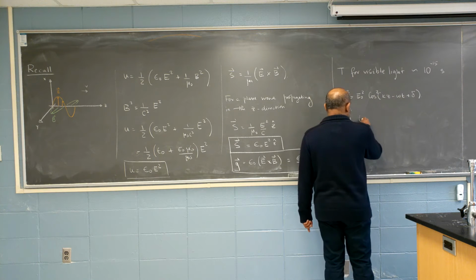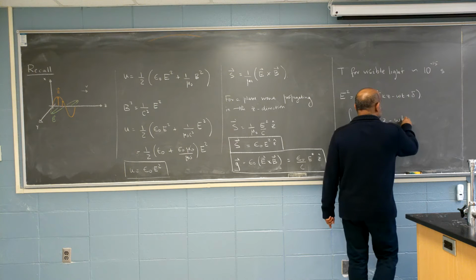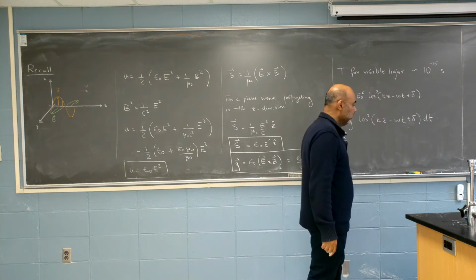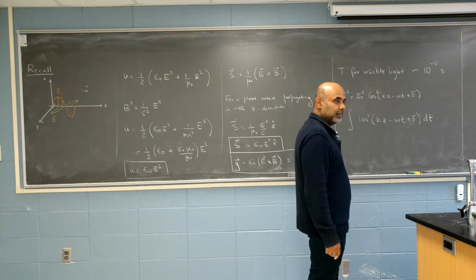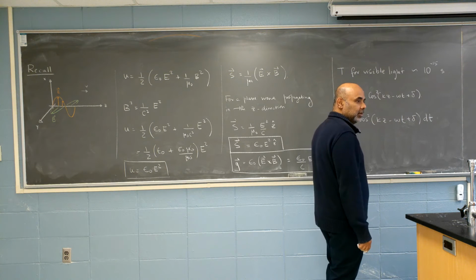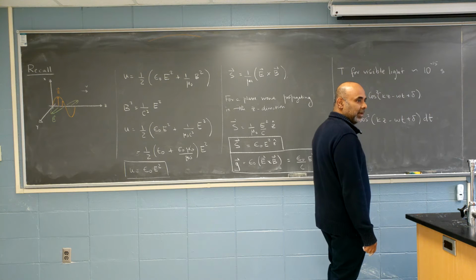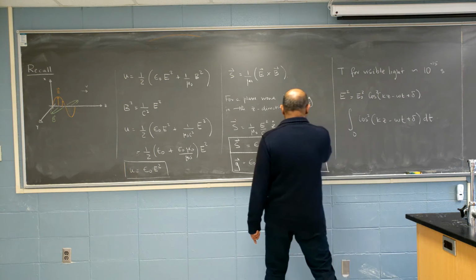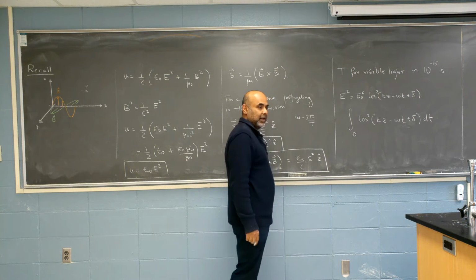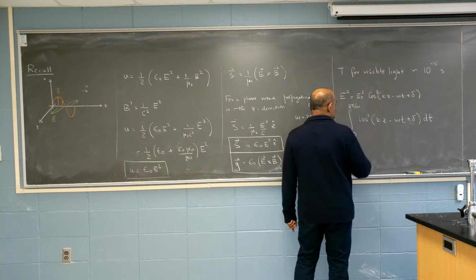I want to take cosine squared of kz minus omega t plus delta, then integrate over t through one period. What is the period? 2 pi over omega. Omega is 2 pi over T, correct? So this is what we need.